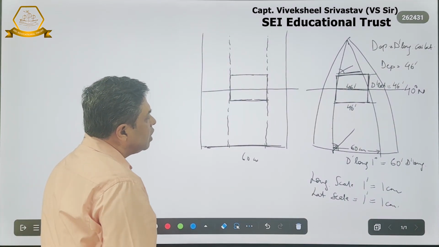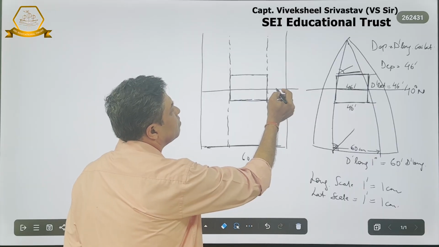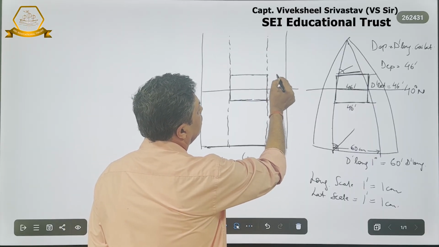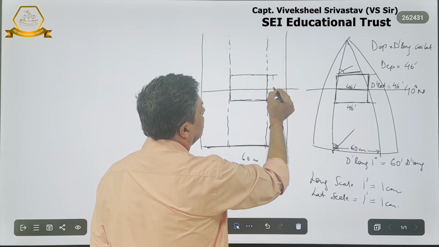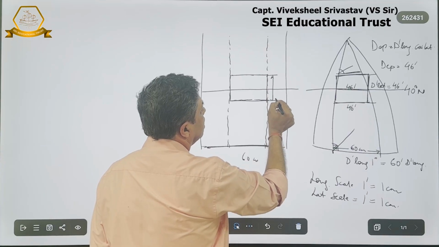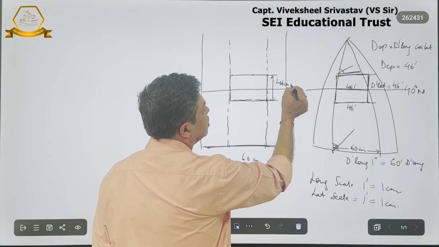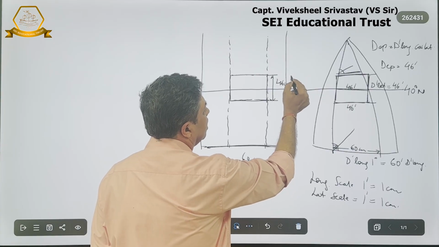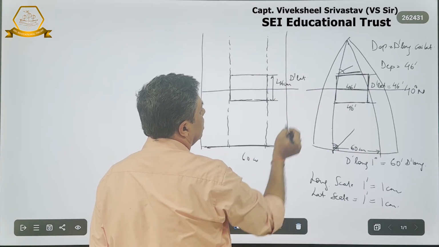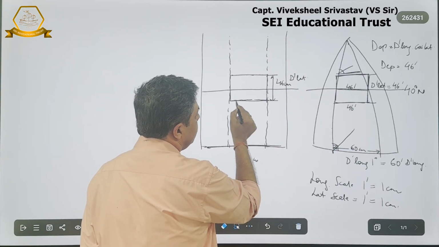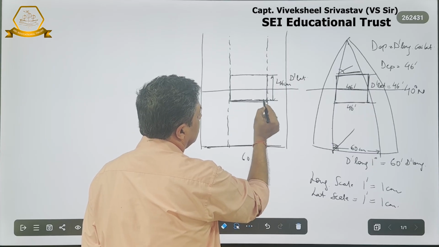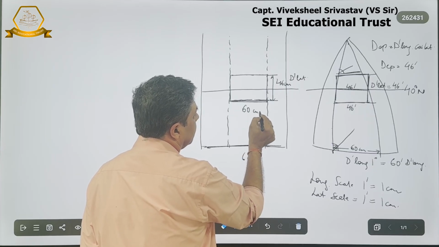Now what happens to the rectangle? Now this is still 46 centimeters or 46 minutes, which is the DLAT. Now this has become 60 centimeters, right?